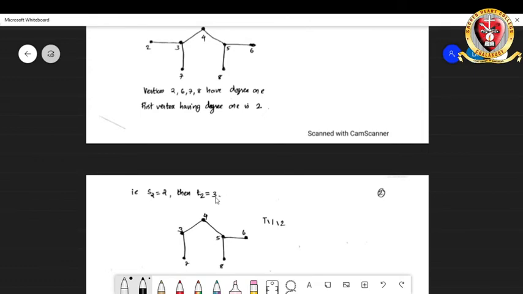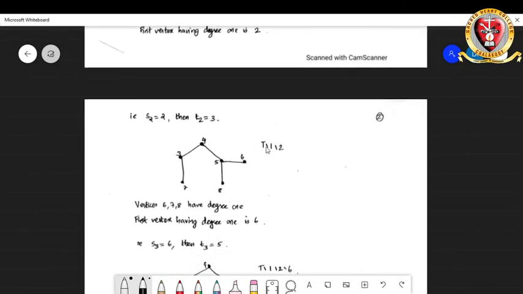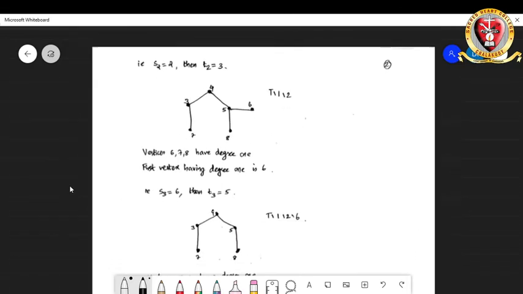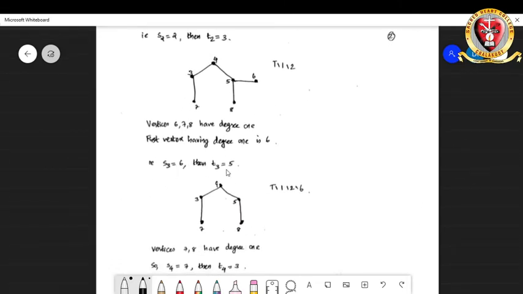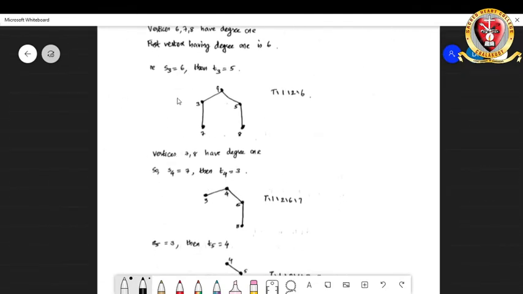So T2 is equal to 3. You got the second coordinate. Then you remove this S2 equal to 2 from T minus 1. So this is the remaining graph. From that you obtain S3 equal to 6, correspondingly T3 is equal to 5, and then you remove this S3 equal to 6 from the earlier tree.